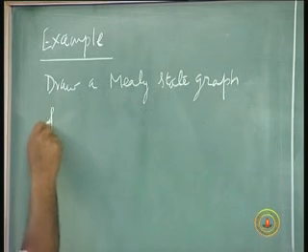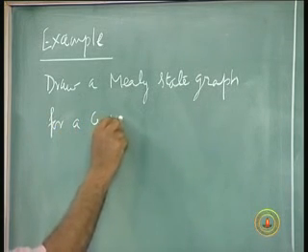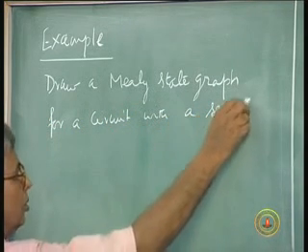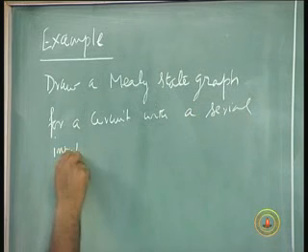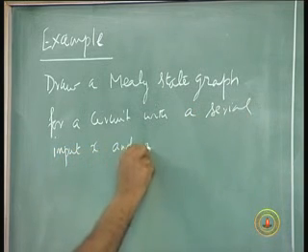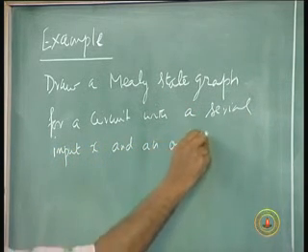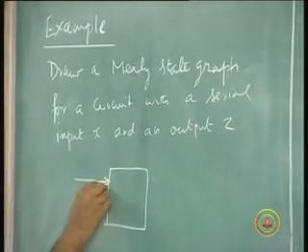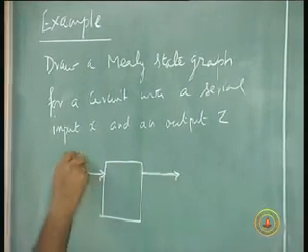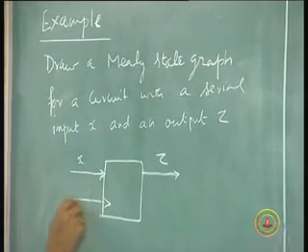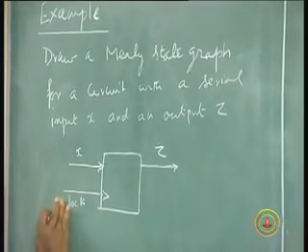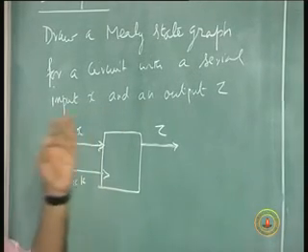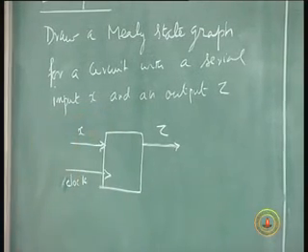For a circuit with one input x, a serial input x, and an output z, that means with every clock pulse, at the edge of the clock, a new input bit is sent into the hardware.